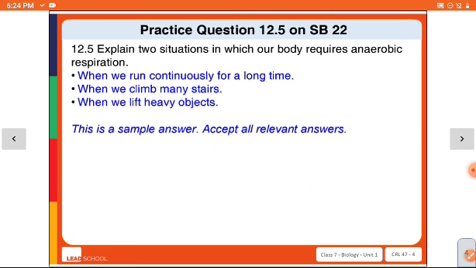Question number 12.5: explain two situations in which our body requires anaerobic respiration. When we run continuously for a long time, climb many stairs, and lift heavy objects.